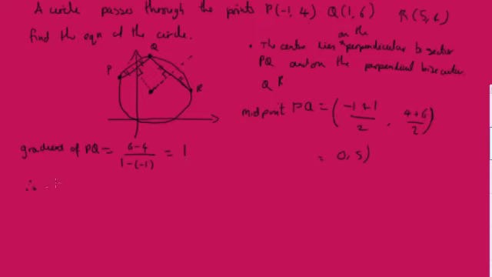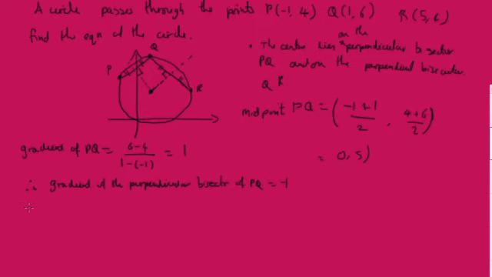Therefore, the gradient of the perpendicular bisector of PQ, this one here, must be minus 1, because the gradient of that multiplied by the gradient of PQ must be equal to minus 1.